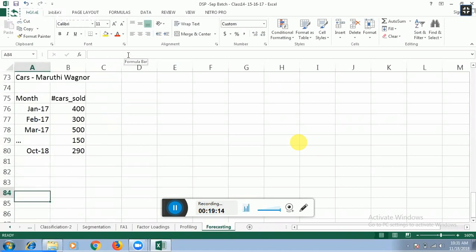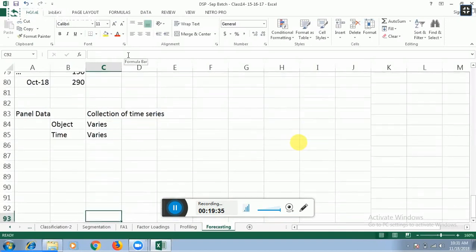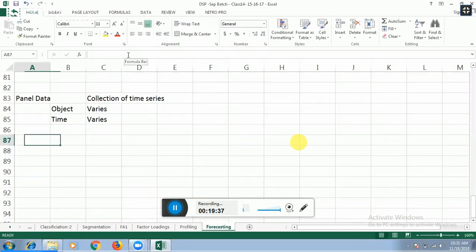Now let's understand panel data. In panel data, the object as well as time both vary. In fact, panel data is a collection of time series. For example, Maruti has 10 models, and now they want to forecast all 10 models.